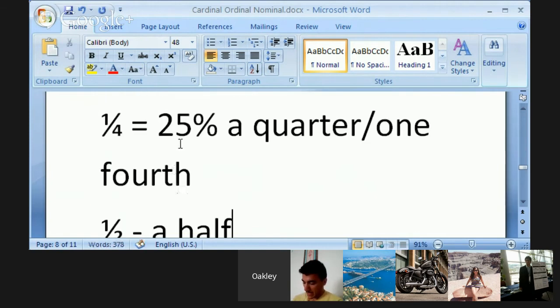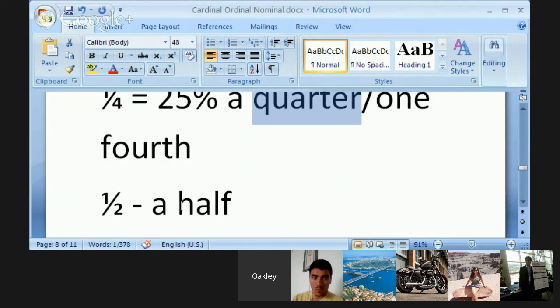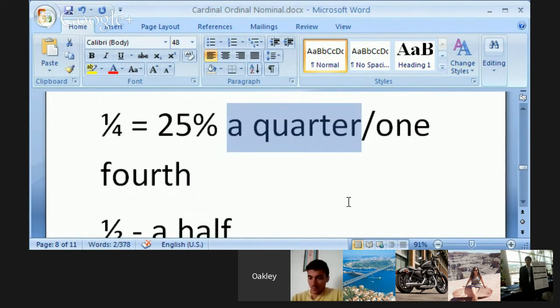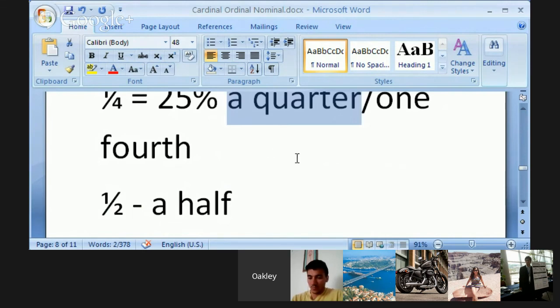I have to say a quarter, all right? I can use it as an adjective. I can say a quarter of the money was spent on, but I can say half of the money was spent on bread, a quarter of the money was spent on wine, and the last quarter was spent on donuts, whatever.